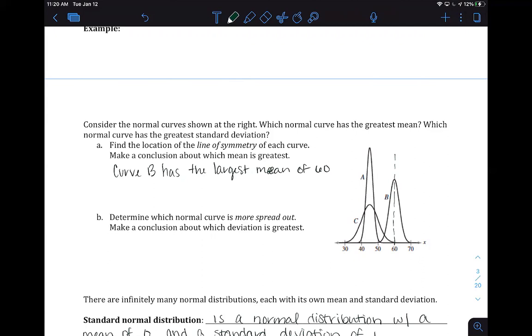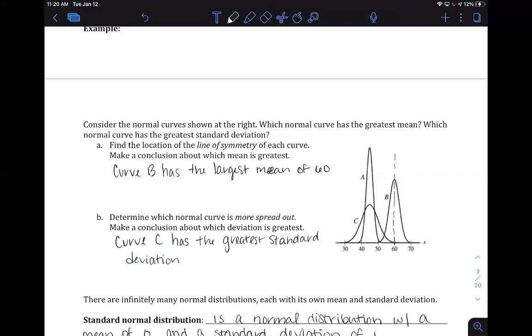C. So we can say curve C has the greatest standard deviation, because it's simply the widest.